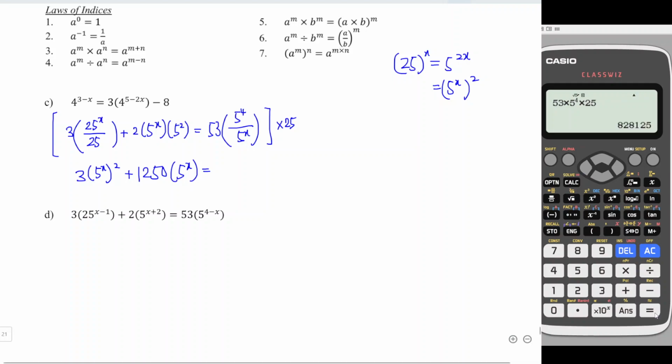Then we obtain 828,125, the whole thing over 5^x.